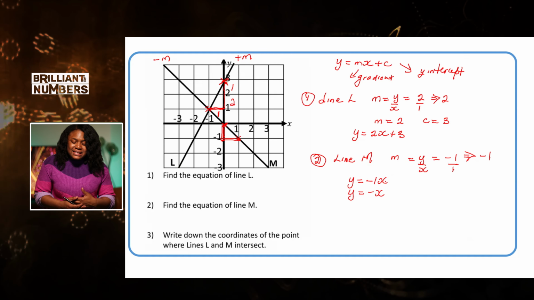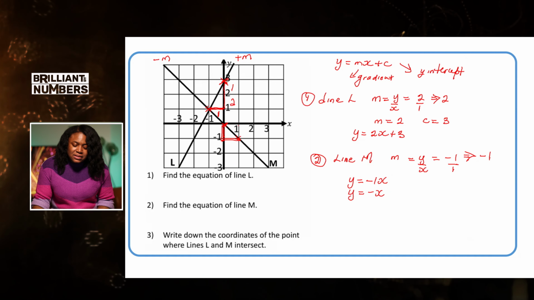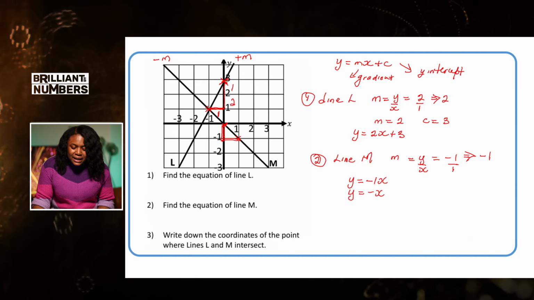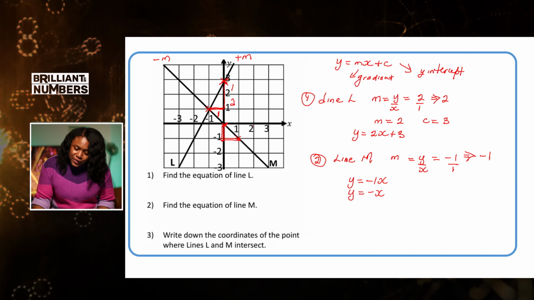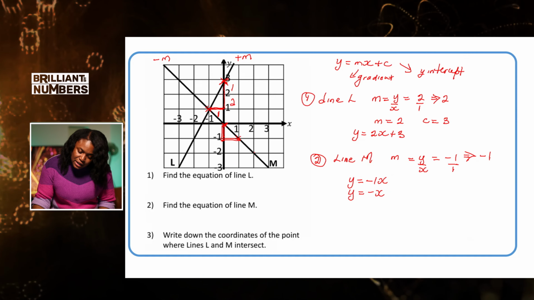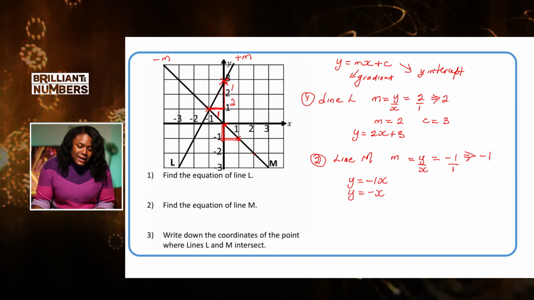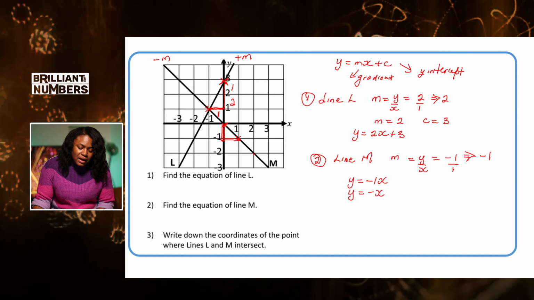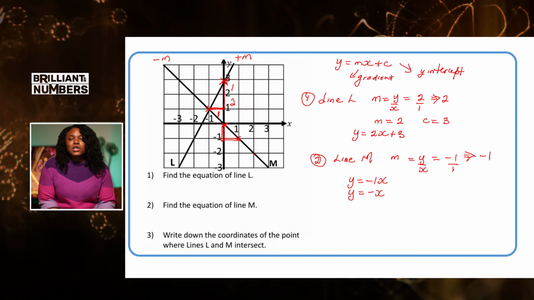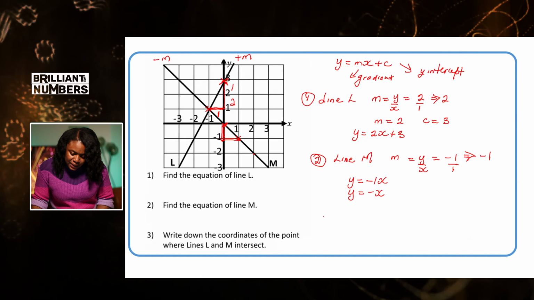And we can check to see when we've got 1 for x, then y is minus 1. And then when we've got 2 for x, then y is the opposite of that, which is negative 2. On the other side, when x is minus 1, then y is going to be the opposite of that, which is positive 1. Clearly.